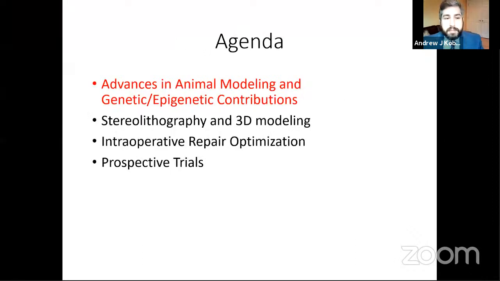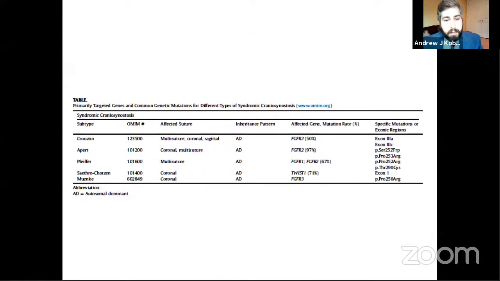First, I'd like to touch on some animal modeling and some epigenetic and genetic contributions that have recently been made in the literature. We talked about the big three syndromic causes of craniosynostosis, Crouzon, Apert, and Pfeiffer, but Muenke and Saethre-Chotzen we should also consider. A lot of these involve, at least for the big three, fibroblast growth factor receptor abnormalities.